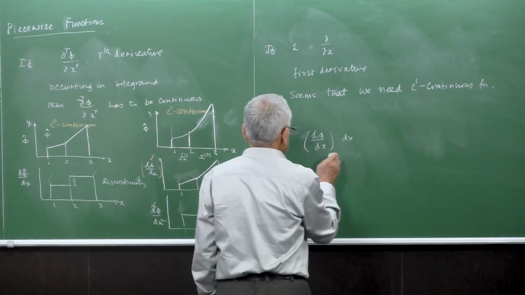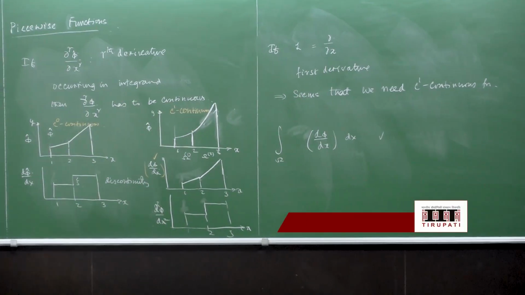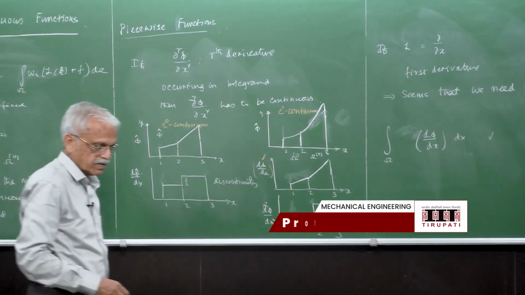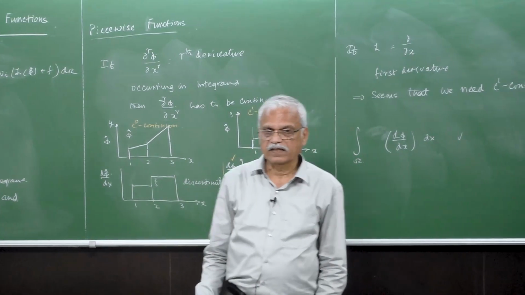What kind of requirement do we need? That is a very important part of finite element analysis, and that is what we are going to discuss in our next class.